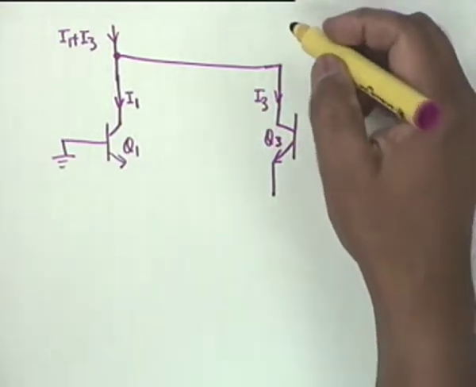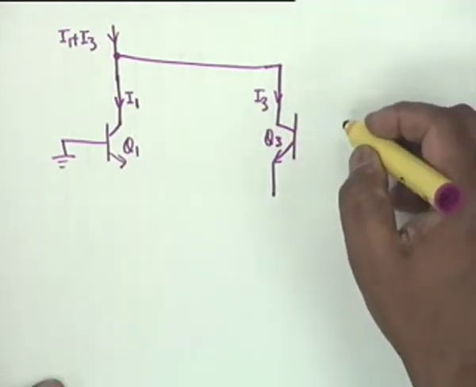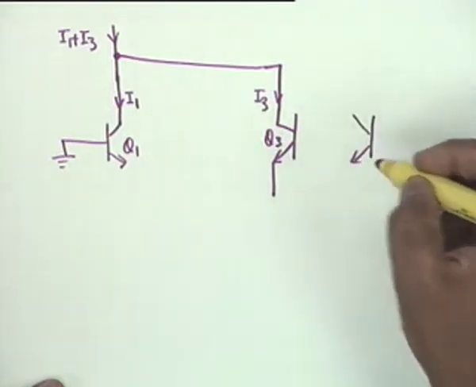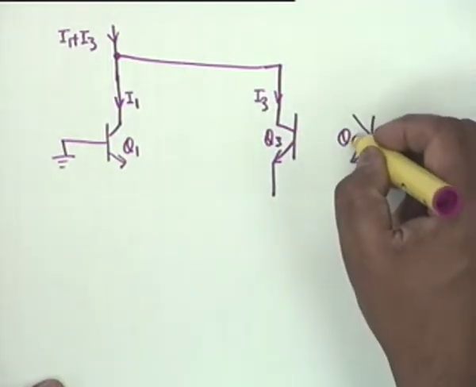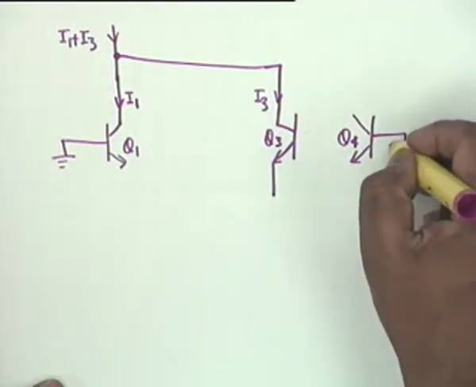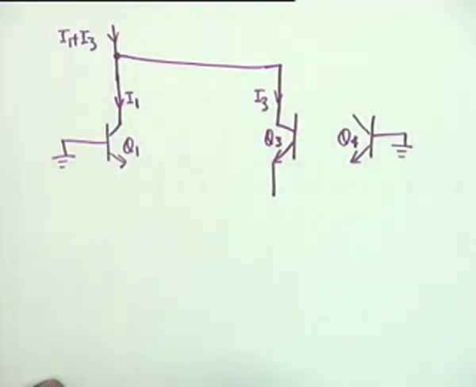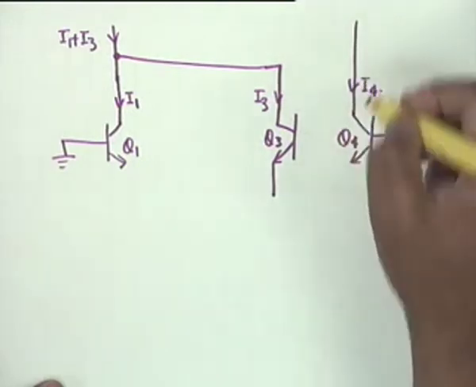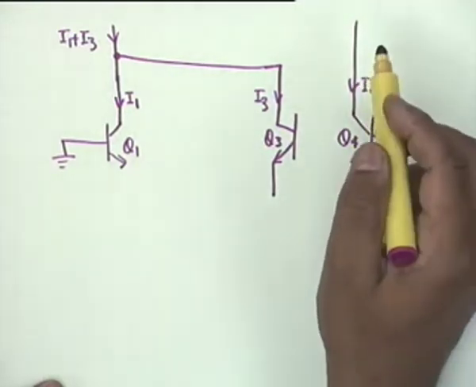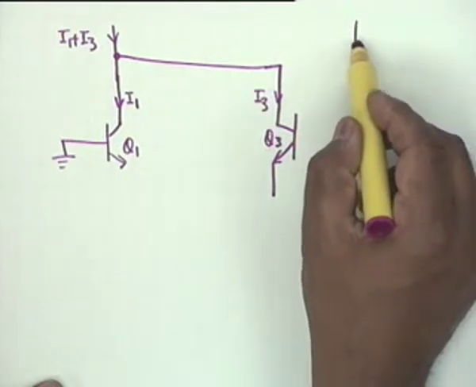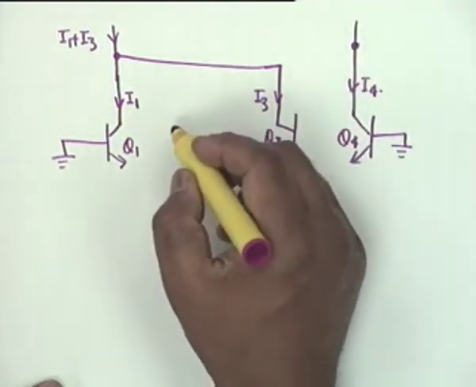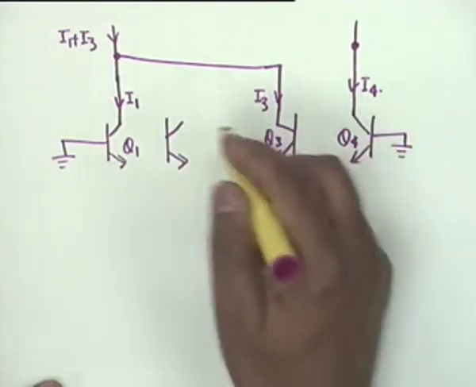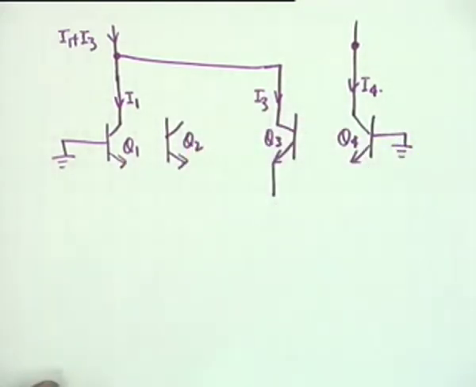The other part of the circuit is symmetrical. You have another transistor Q4 whose base is again grounded, and the current through this is I4, and this collector is common to another transistor, Q1, Q3, Q4, so this should be Q2.